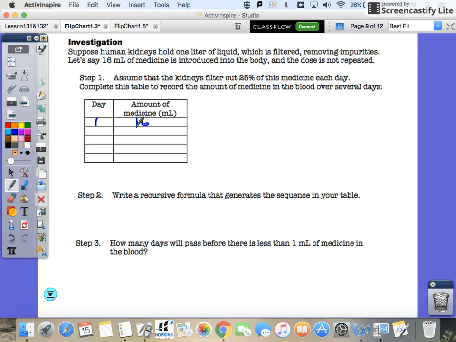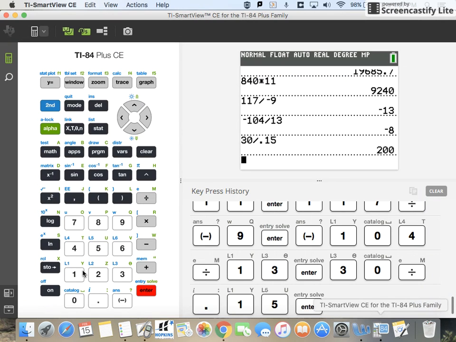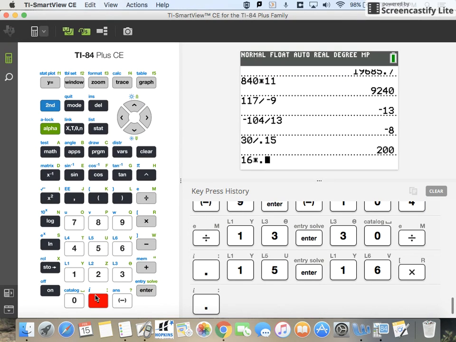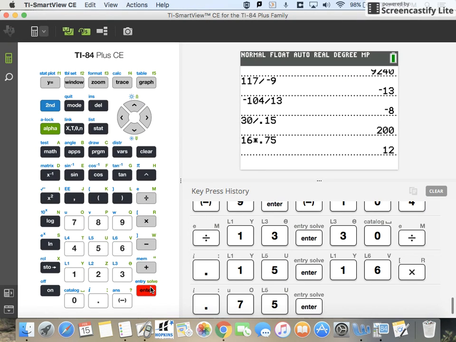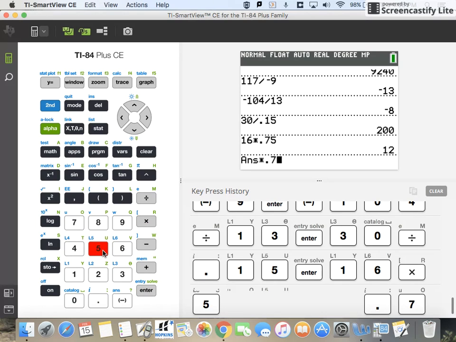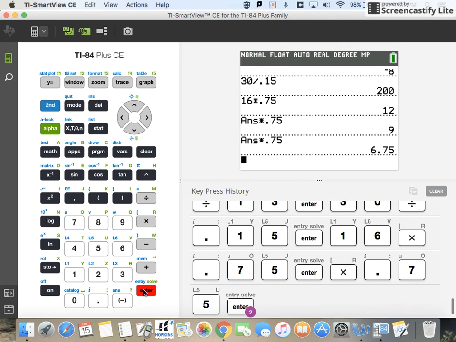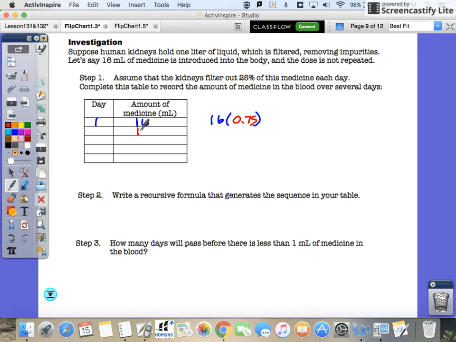If you lose 25%, that means you maintain 75%. So 16 times 75% is 12. 12 times 0.75 is 9. 9 times 0.75 is 6.75. So we've got 12, 9, 6.75.